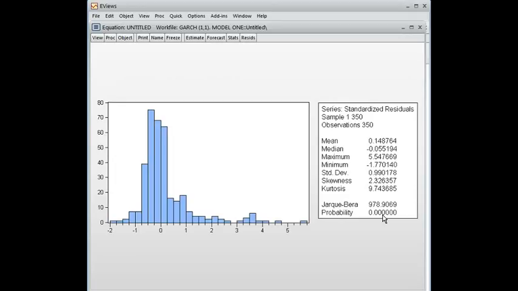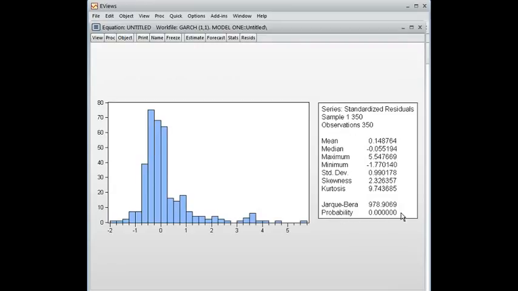The null hypothesis is that residuals are normally distributed, and the alternative is that residuals are not normal. The desirable outcome is that residuals should be normal to be the best model.